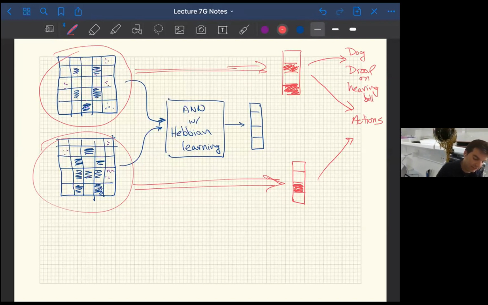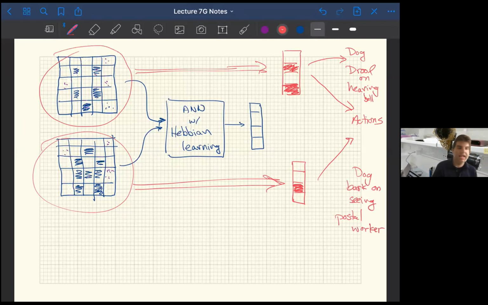And this other action might be dog bark on seeing postal worker. And so initially, it learns that there are these two stimuli, one causes it to drool, the other one causes it to bark.